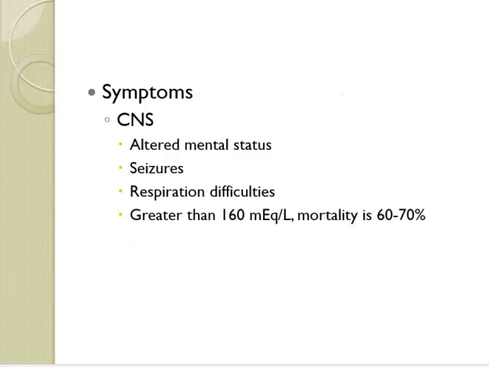Some symptoms that can be seen with hypernatremia for the central nervous system are altered mental status, seizures, and respiration difficulties. In cases where there's greater than 160 milliequivalents per liter, the mortality rate is 60 to 70%.